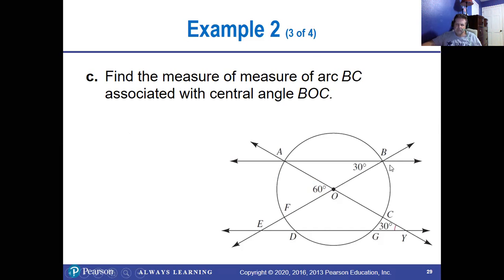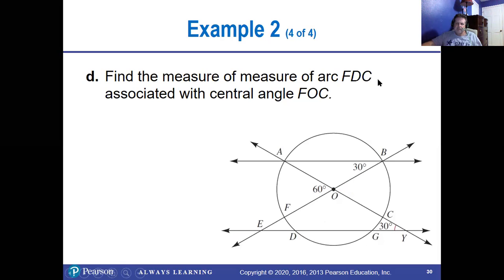BC, here's BC. Okay, so one of the other things, and you probably remember, vertical angles. If this angle is 60, that means this angle here also has to be 60. Vertical, they go straight across, it's going to be the same degree.